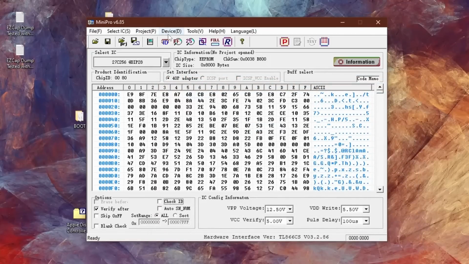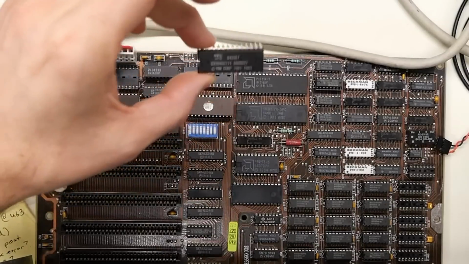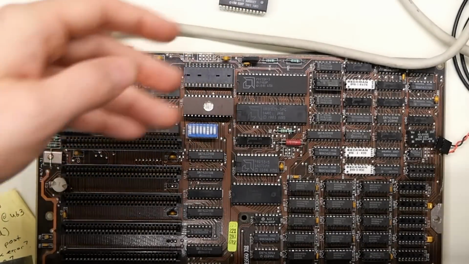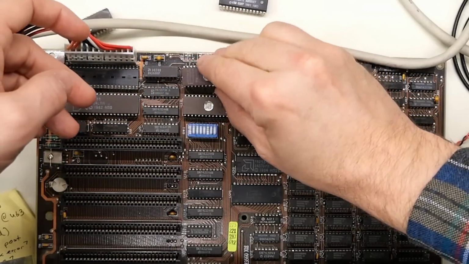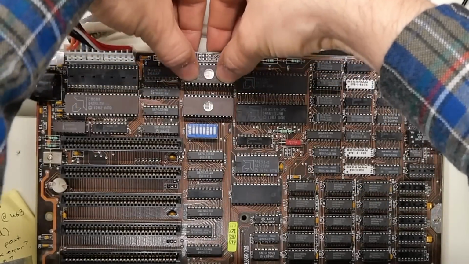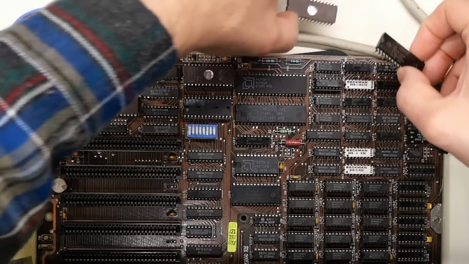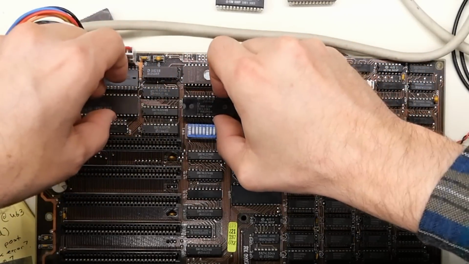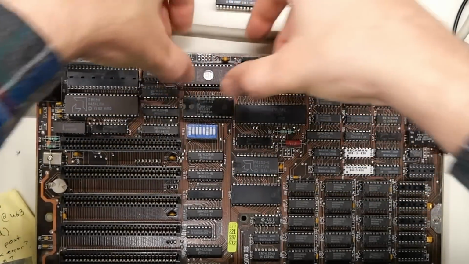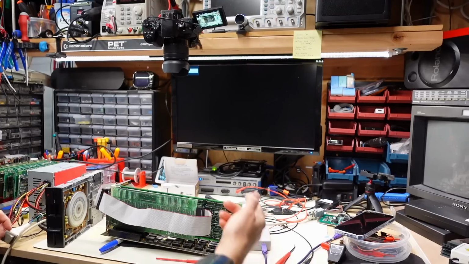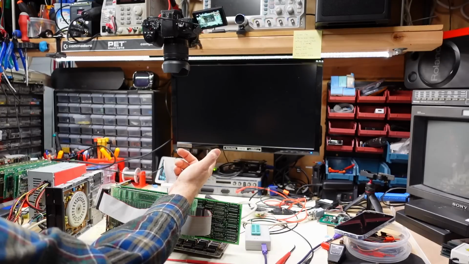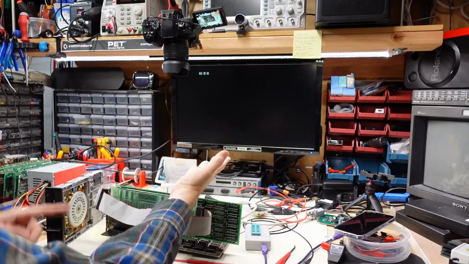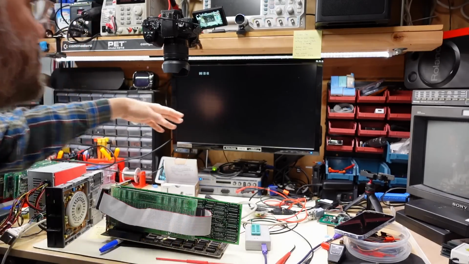Let's program this chip. Out with the chip that's potentially bad, maybe, maybe not, we'll see. Out with the diagnostic ROM, and I'll put back in the stock ROM that goes into U18. All right, what's gonna happen? Look, it's freaking working.